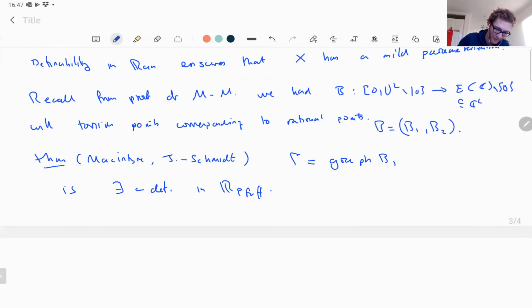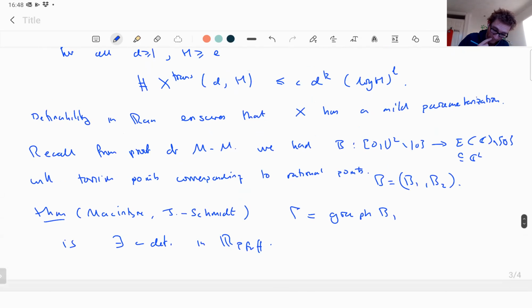So really, this is just due to McIntyre, but what we did was show that you have an explicit definition in terms of Pfaffian functions, and the complexity of that definition doesn't depend on the lattice at all. It's completely uniform in the lattice, which is useful for other things.